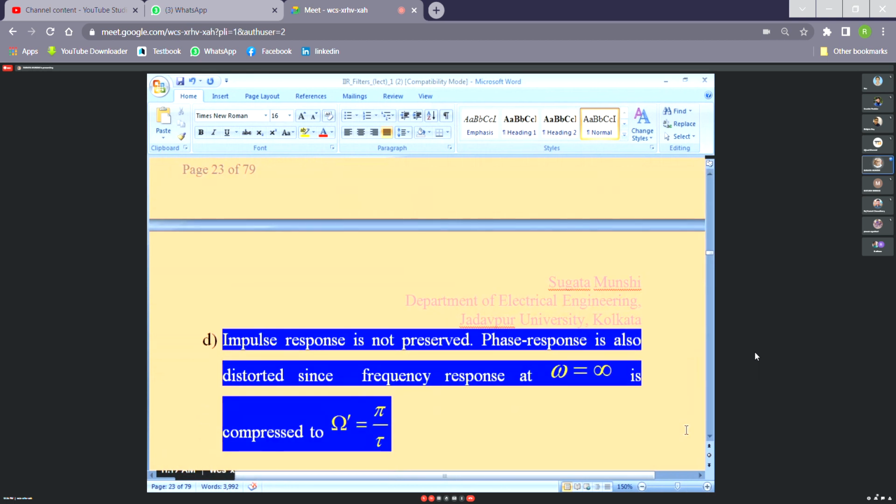Impulse response, because you have deviated from the exact relation, the impulse response is not preserved. And phase response is also distorted since frequency response at omega equal to infinity is compressed to capital omega prime equal to pi by tau.